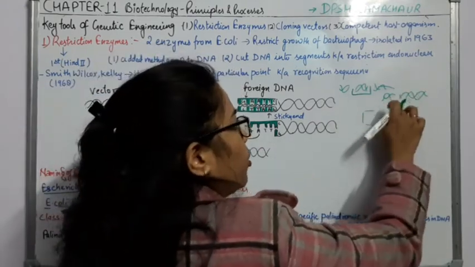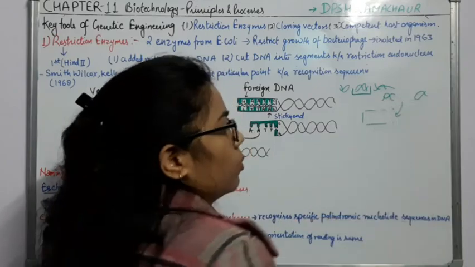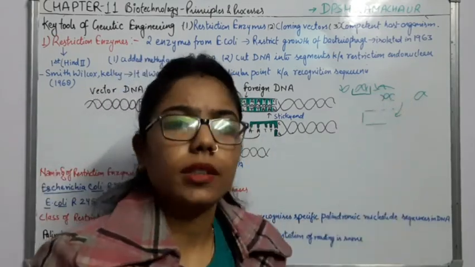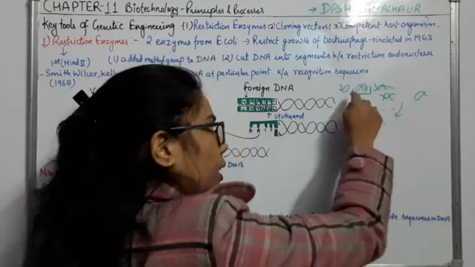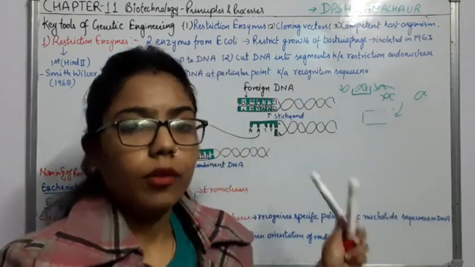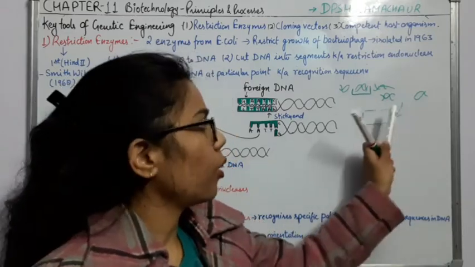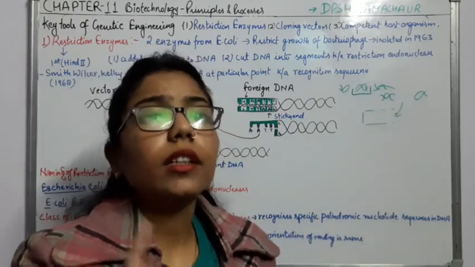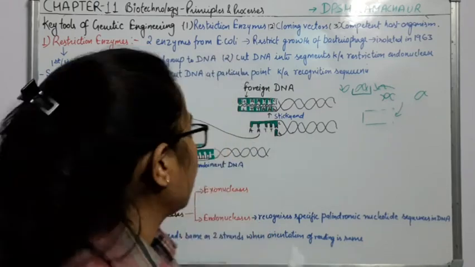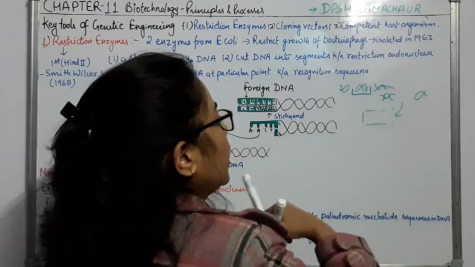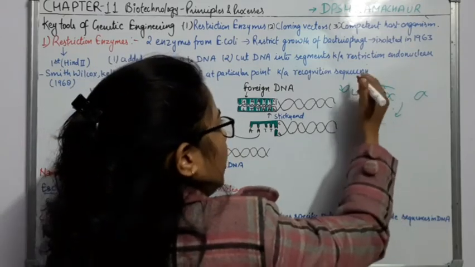I have to cut this part also. So again molecular scissors are required, whether we are cutting the DNA for the gene of interest or cutting the DNA of the vector. We need the molecular scissors, and these are the restriction enzymes.